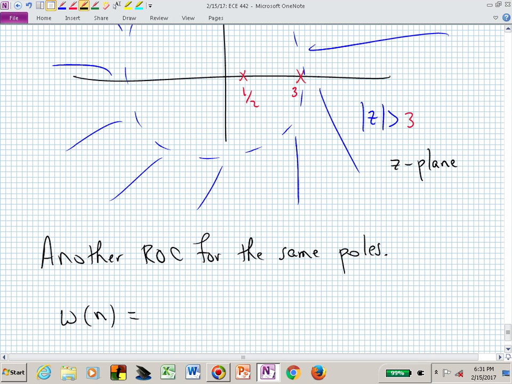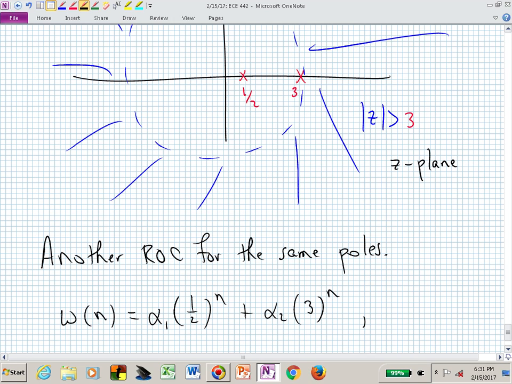Can you tell me anything about the structure of little w of n? Are we clear with that structurally?